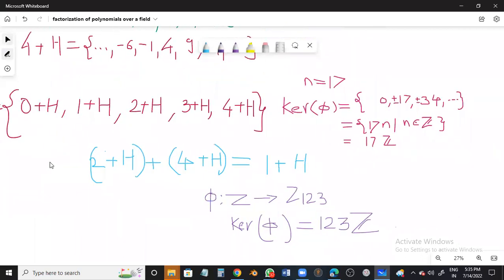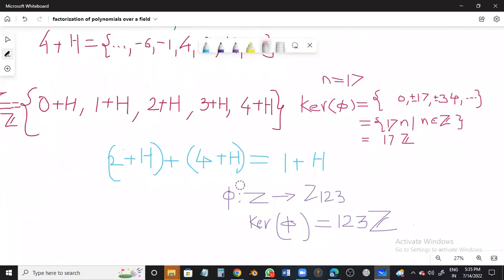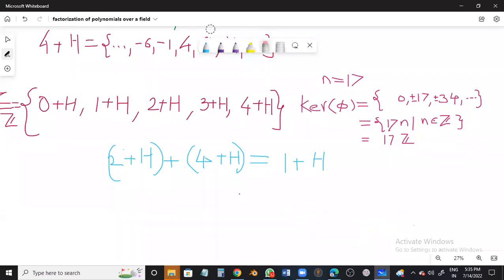Now you got the idea. So if I ask you about multiplication, then I think you can immediately answer me. If I ask you what will be 2 plus h into 4 plus h, how much? 2 fours are 8. 3 plus h.